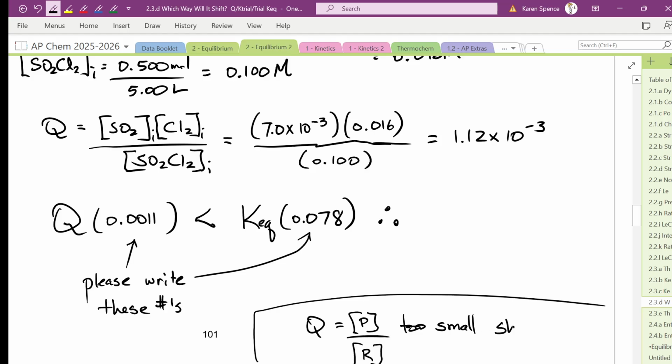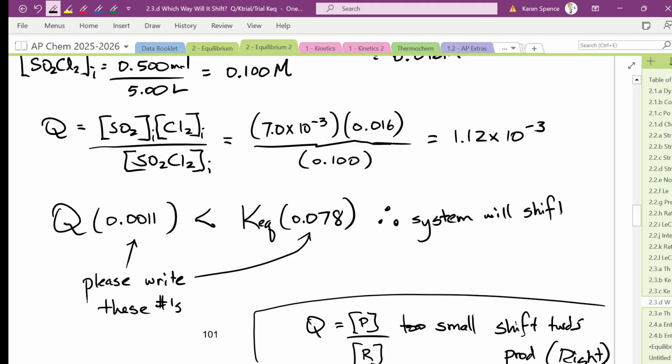So I need to shift towards products, which is to the right. But feel free, if you want to write that anyway, there's no harm in just putting it in with the main body of your answer, okay?